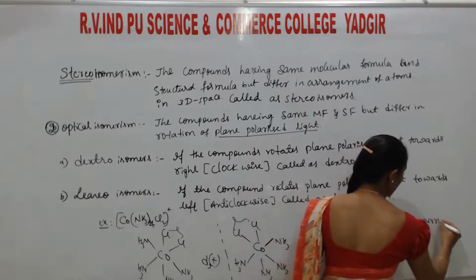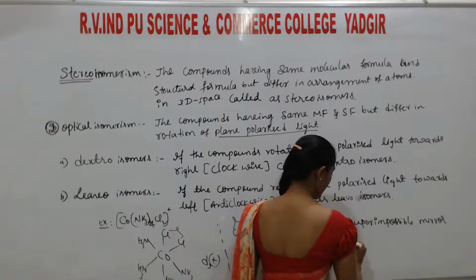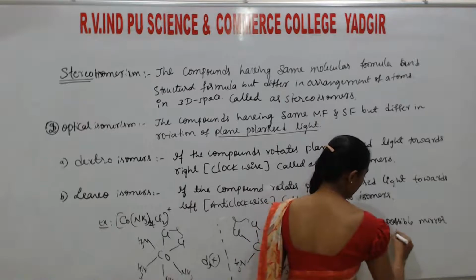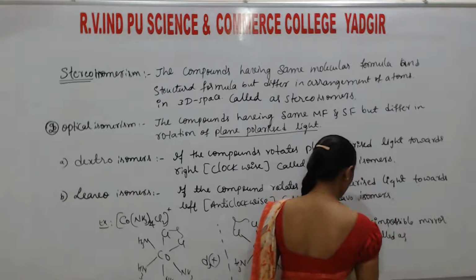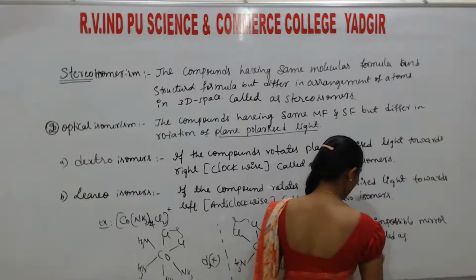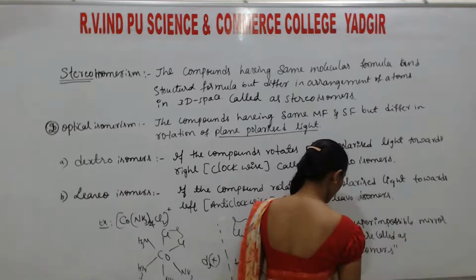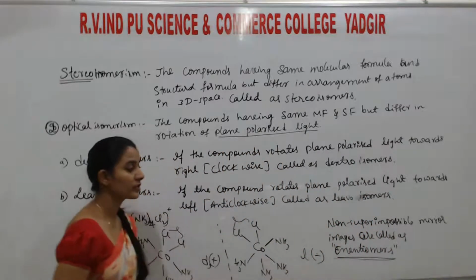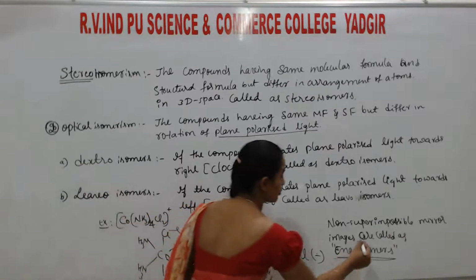mirror images are called enantiomers. Non-superimposable mirror images are called enantiomers.